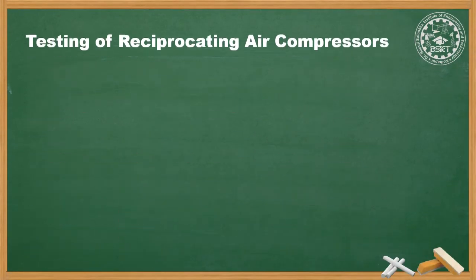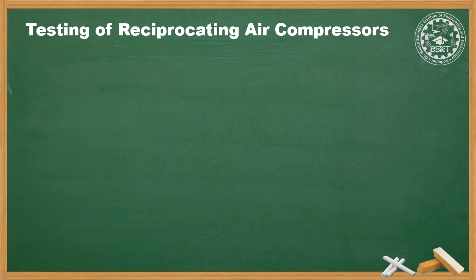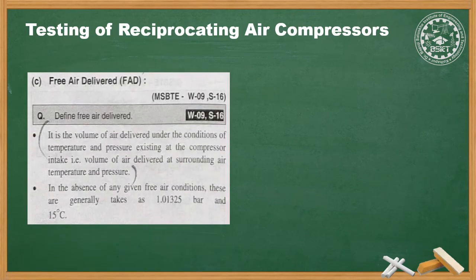Next definition for testing of reciprocating air compressor is C, free air delivery. It is also known as FAD. Free air delivery is the volume of air delivered under the condition of temperature and pressure existing at compressor intake. That is, volume of air delivered at surrounding air temperature and pressure.